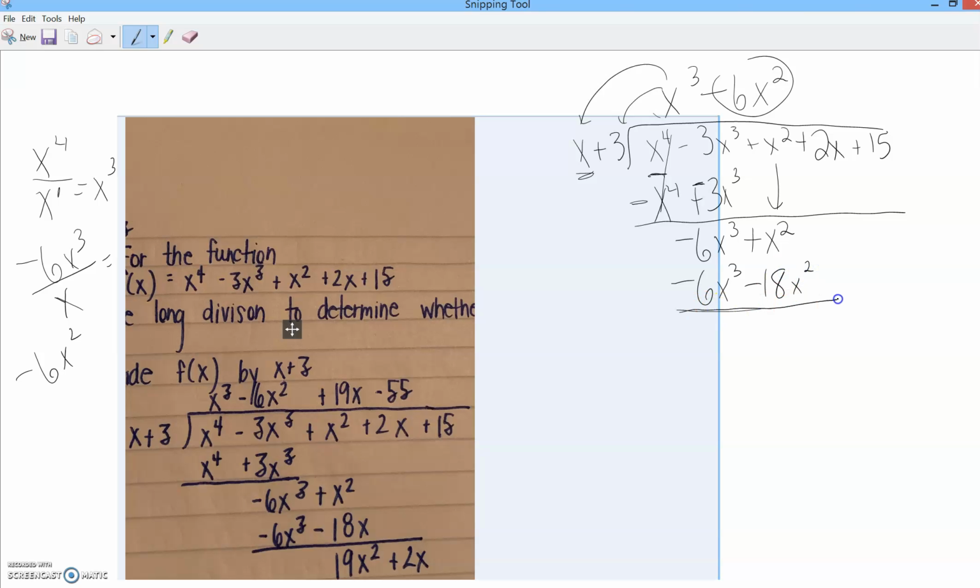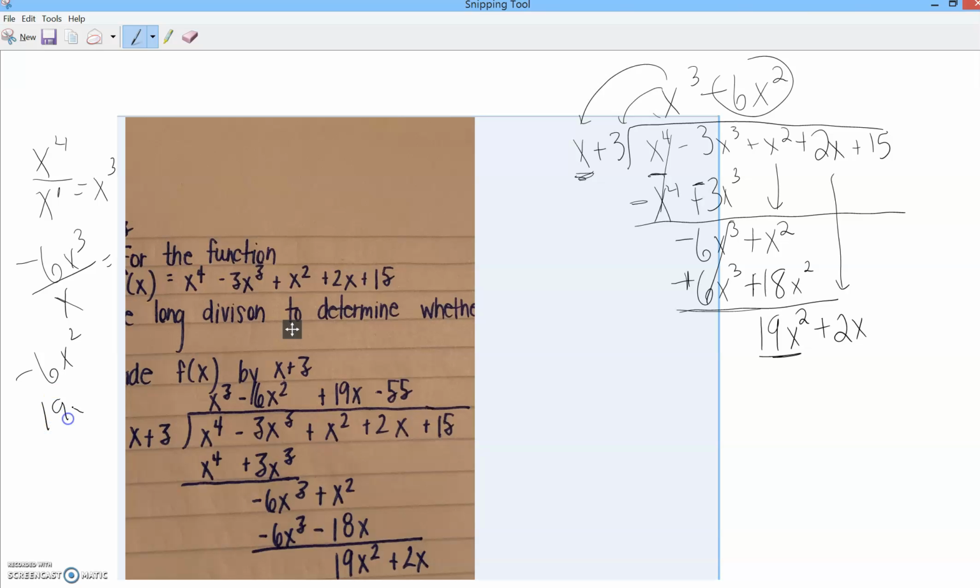And so we draw the line and we change the signs, and that allows those first two terms to cancel, and it allows us to get 19x squared from 1x squared and 18x squared, and we bring down our next term. And then we go again. How many times does x go into 19x squared?